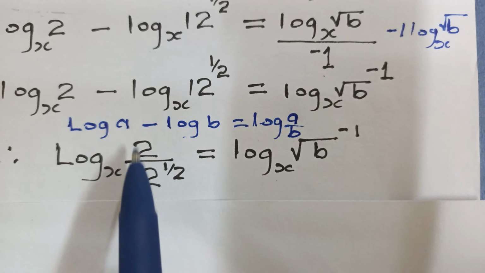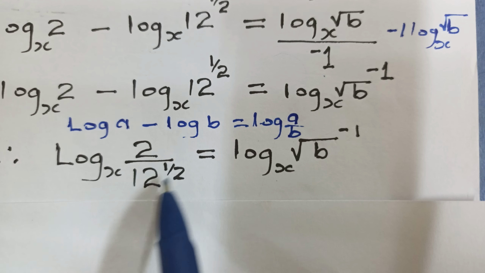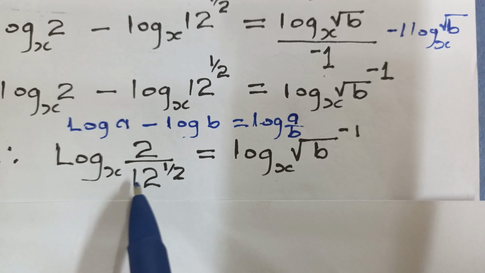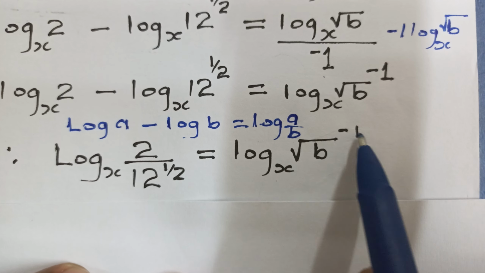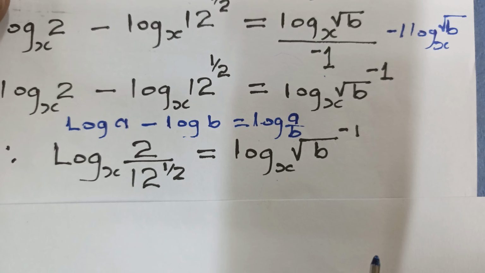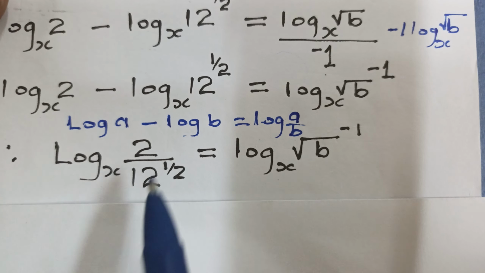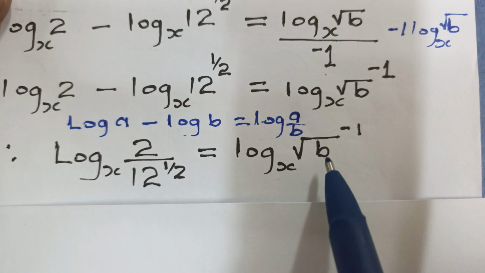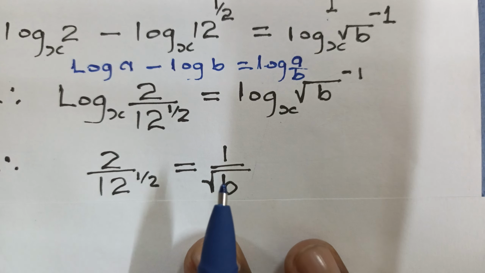So that's what I have done to this, so that it becomes now log 2 all over 12 raised to a half to base x. And this one gives us log square root of b raised to negative 1 to base x. And therefore, we can now remove the logs, to say that whatever is inside the log is now supposed to be equal. And this is what is inside the log.